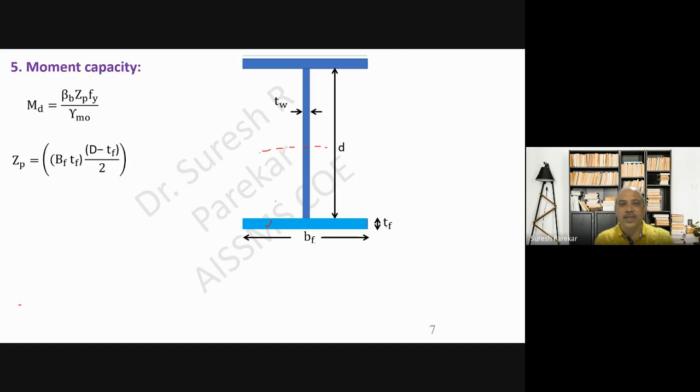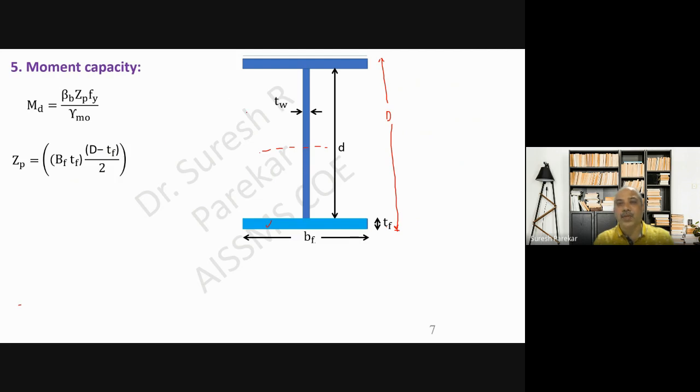So I have considered this total depth as D. If we take this as total D, then we have D minus tf. So bf into tf, and then D minus tf by 2.